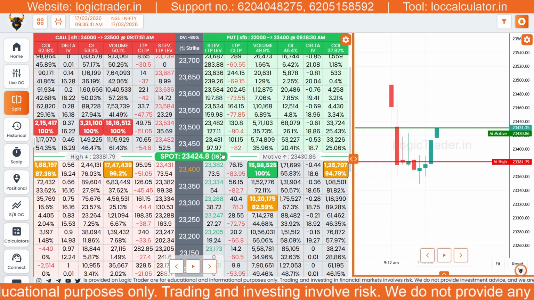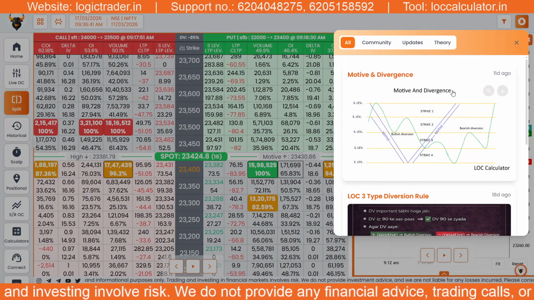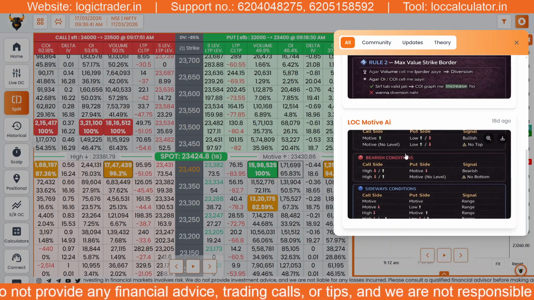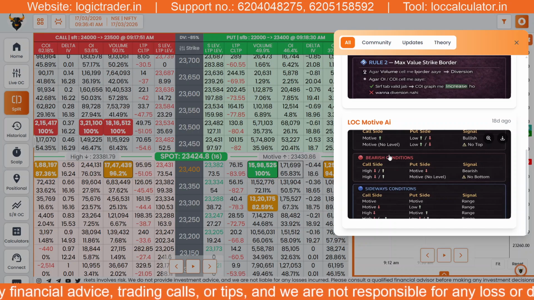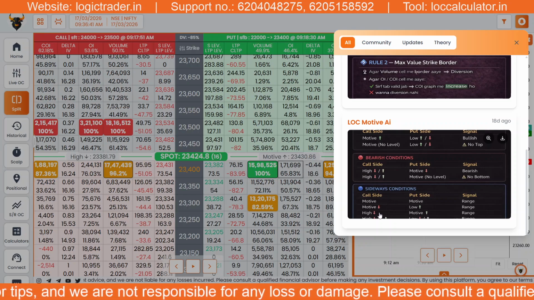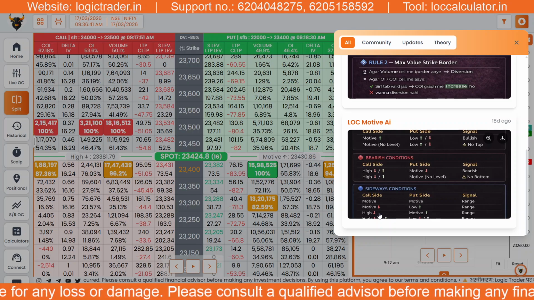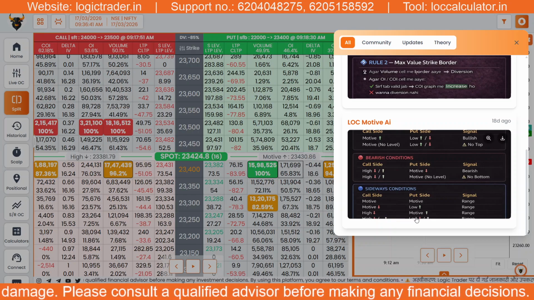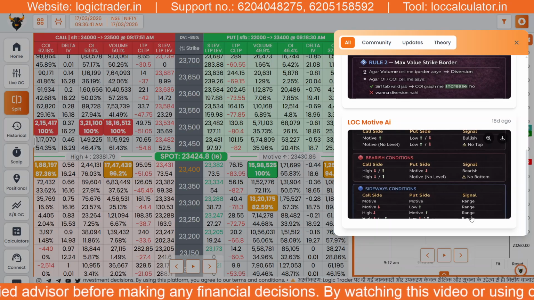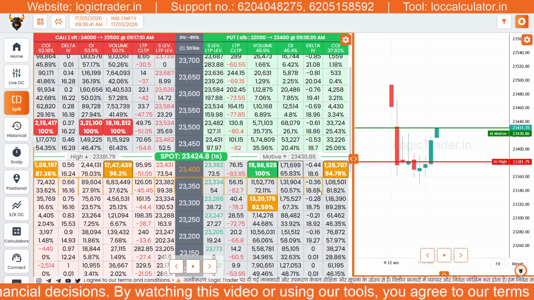To confirm this, we can go to the notification section and check the LOC Motive AI. In the Motive AI scenario image, under the sideways condition, the third scenario shows the exact same structure, high with a downward direction and motive with an upward direction. This signal indicates a range, which clearly means a consolidating or sideways market.